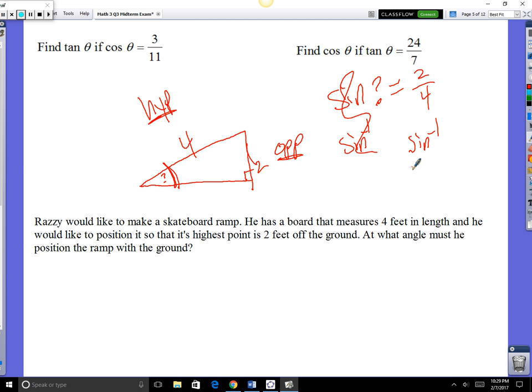So if I inverse sine of 1/2, it should give me 30 degrees, which I guess we didn't really even need to do any trig, because we could realize that was a special triangle. Oh, so 2, 4, so it used to be a 4 by 4 by 4. So awesome, 30 degrees.